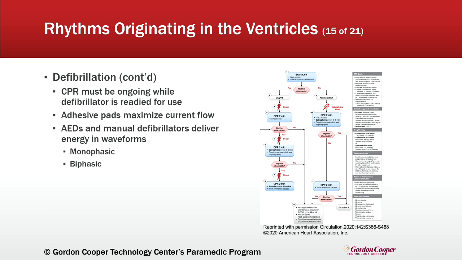Now let's talk about the types of waveforms you might encounter with defibrillators. Both AEDs and manual defibrillators deliver energy in different ways. You may have seen monophasic waveform or biphasic waveform. Let's talk about the differences there. With monophasic waveform, the energy flows through the heart from one pad to the other in just one direction.